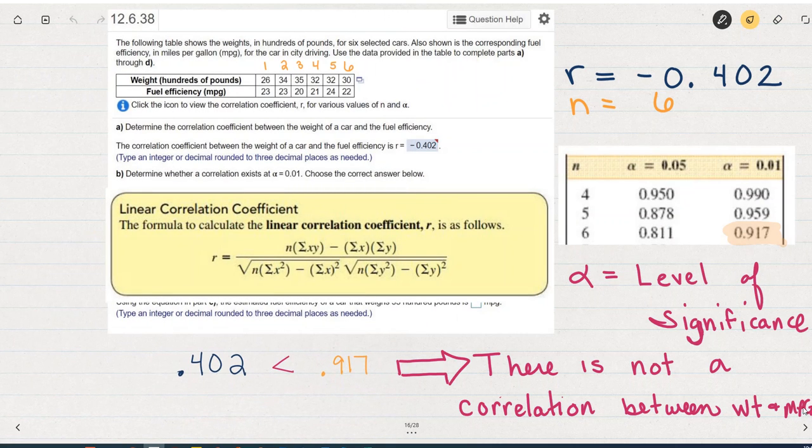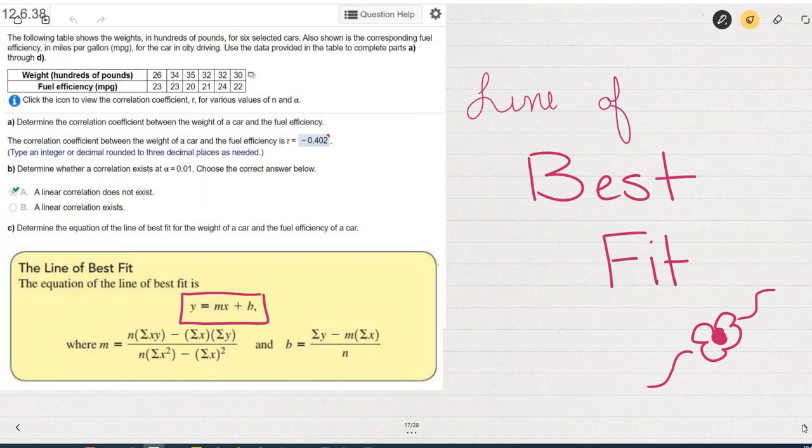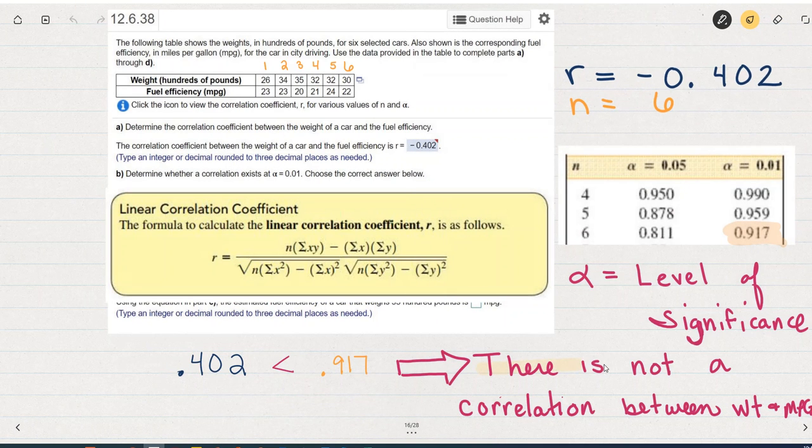Because it's too small of a relationship, we'd say there is not a correlation between the weight and the miles per gallon, not for this set of 6 cars.